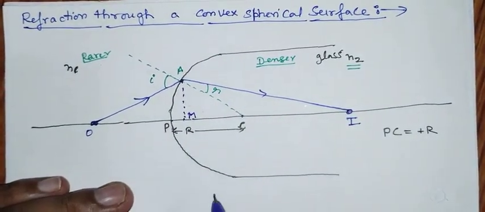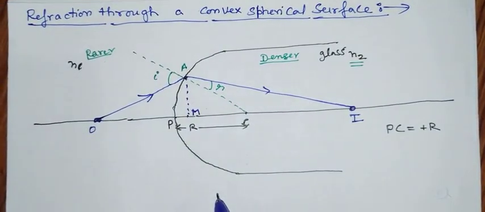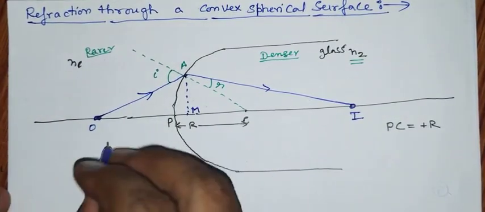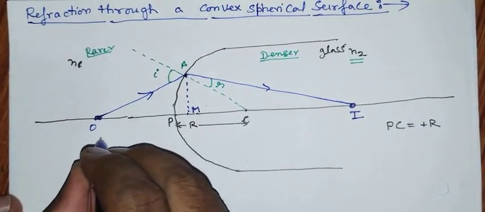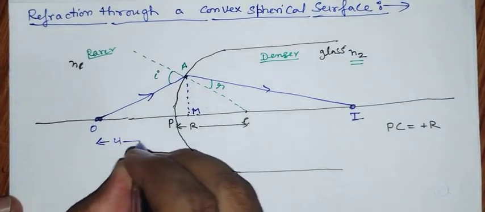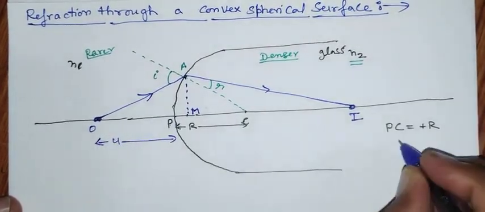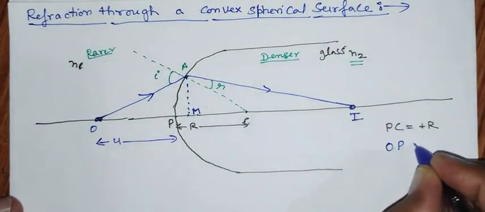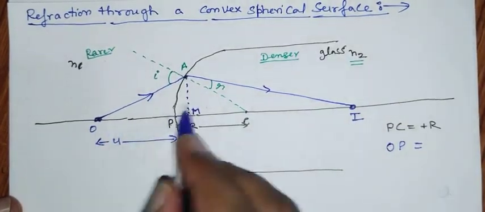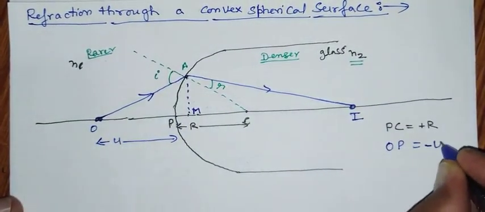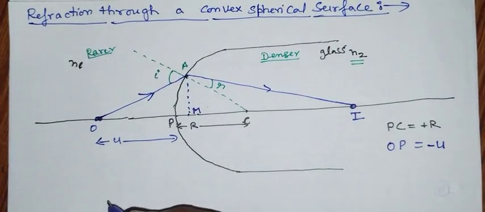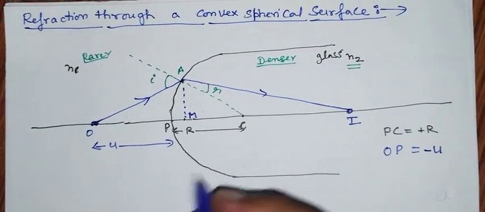Now see very carefully. OP is taken as u, the distance between pole and object, OP, and it is on the left side according to the sign convention, so it is minus u. And we know that u is always negative.